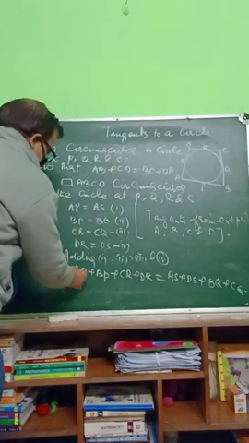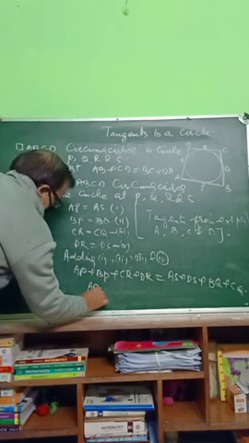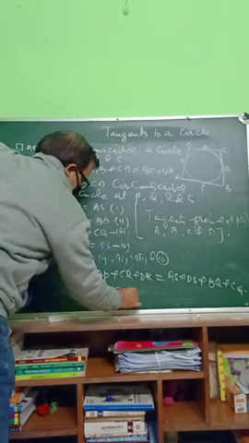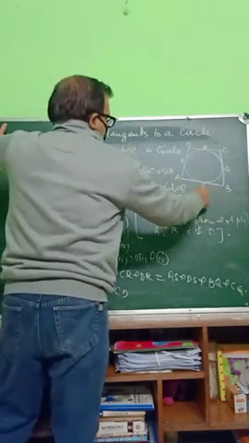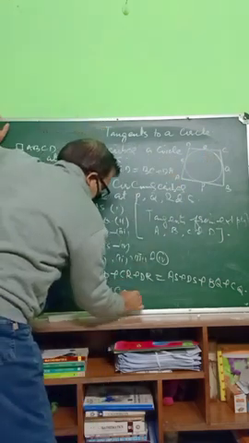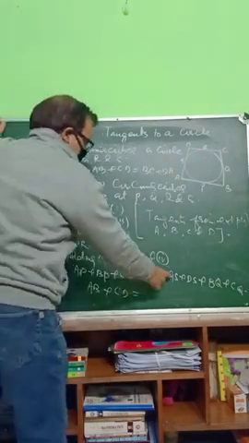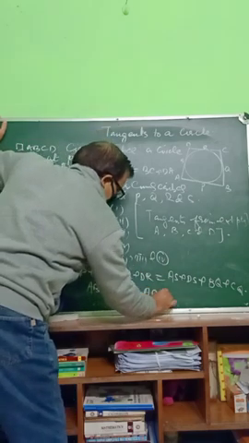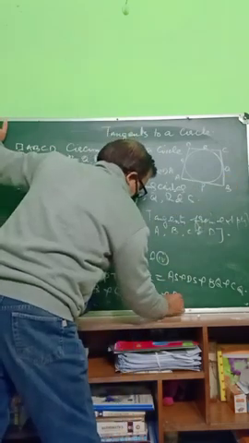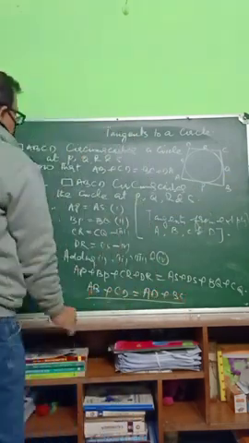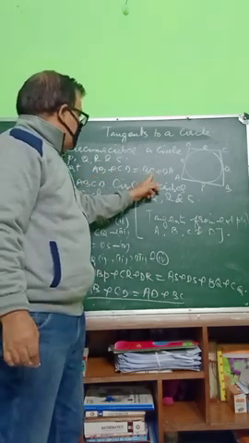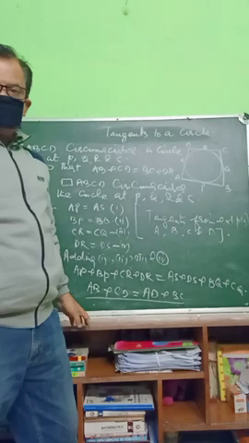So AP plus BP is AB, CR plus DR is CD, is equal to AS plus DS is AD, plus BQ plus CQ is BC. This is what needs to be proved. So AB plus CD is equal to BC plus DA.